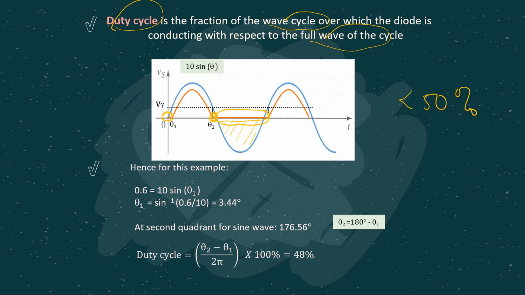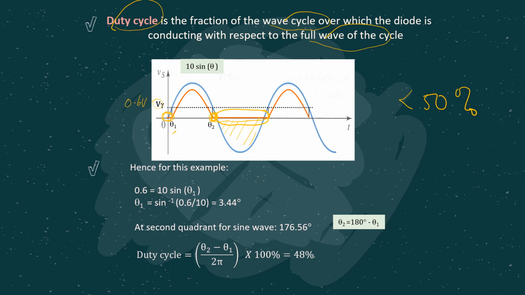Now let's calculate it. For the previous example, V gamma is given as 0.6 volt. We want to find theta 1 and theta 2. At this particular theta 1, the voltage is 0.6, the point when the diode starts to conduct.